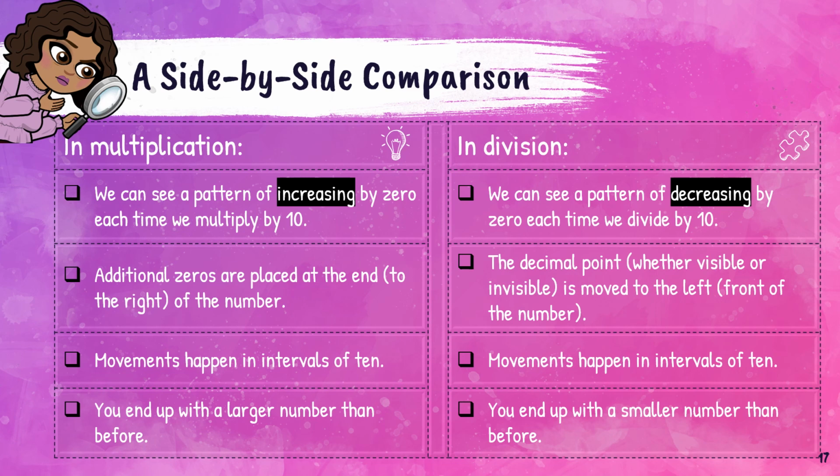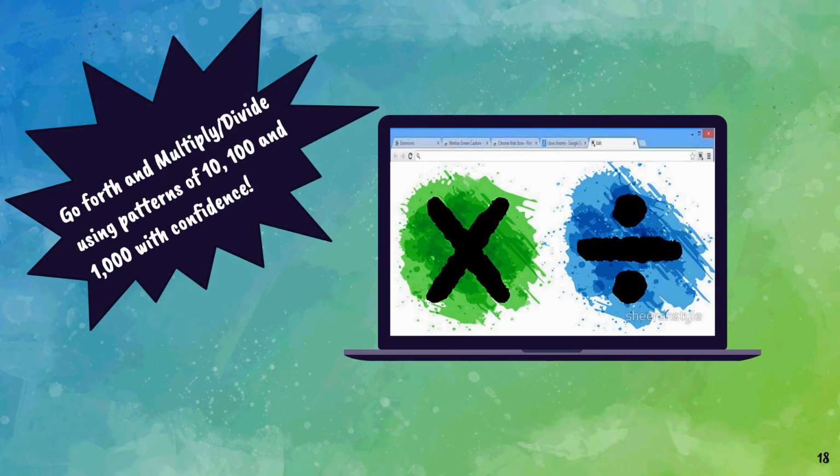In multiplication, you end up with a larger number than before, but in division, you end up with a smaller number than before. Now, boys and girls, you are ready to go forth and multiply or divide using patterns of 10, 100, and 1,000 with confidence.